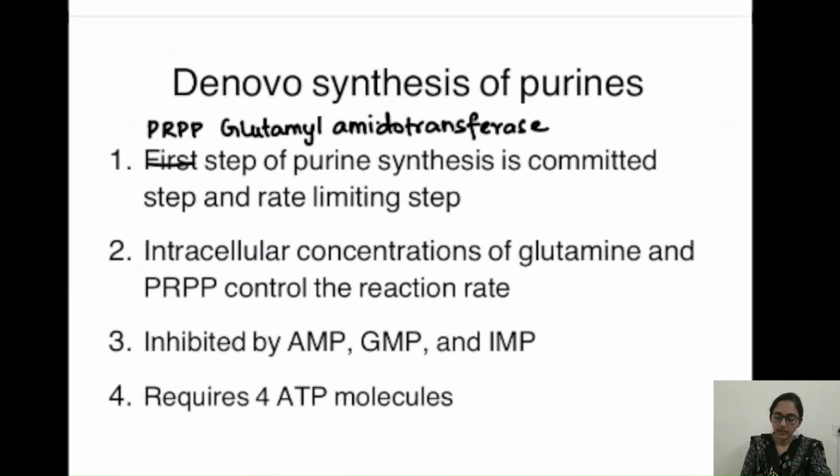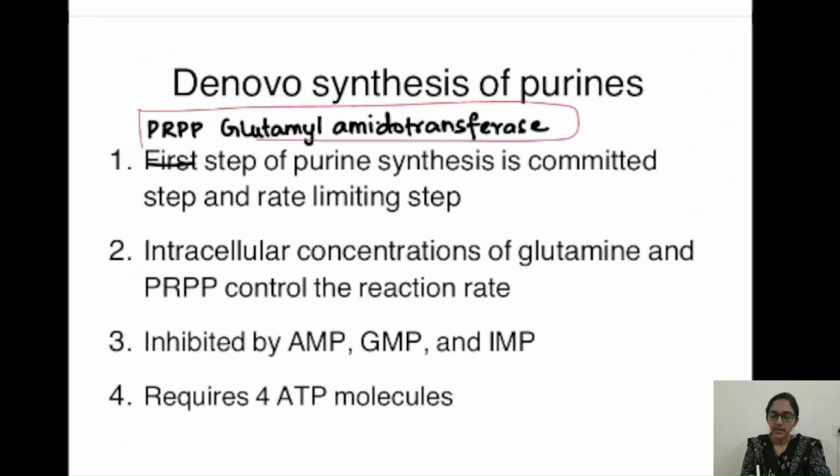And the important points that you have to remember: which step is the committed step or rate limiting step that I told you? It is the PRPP glutamyl amidotransferase. The intracellular concentrations of glutamine, of course, and also PRPP, because the first amino acid that we are going to add is glutamine, and PRPP is going to be our substrate.